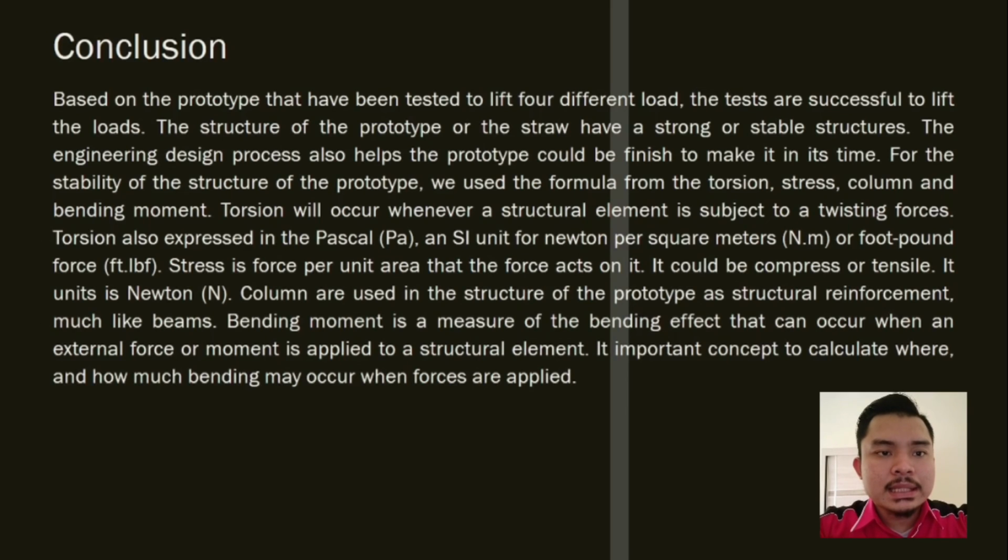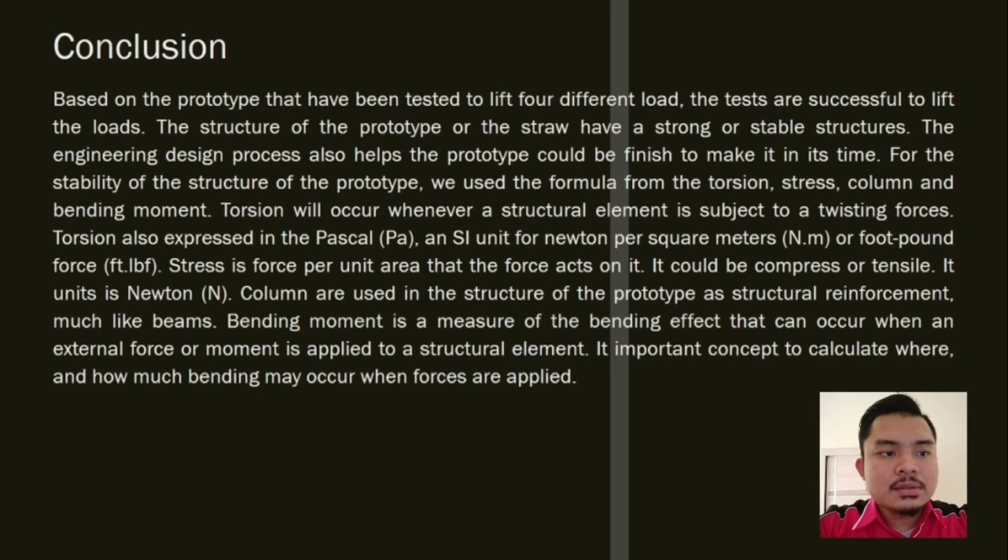Torsion is also expressed in the Pascal, and SI unit for Newton per square meter, Newton meter, or foot-pound force, ft lbf. Stress is force per unit area that the force acts on. It could be compressive or tensile. Its unit is Newton.